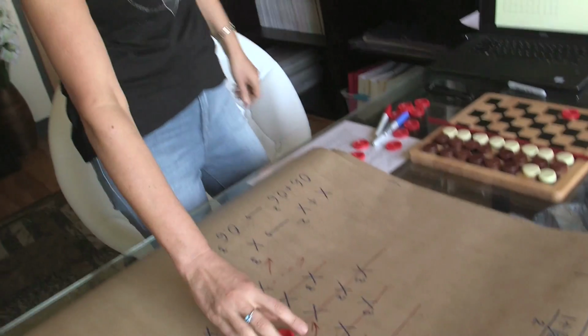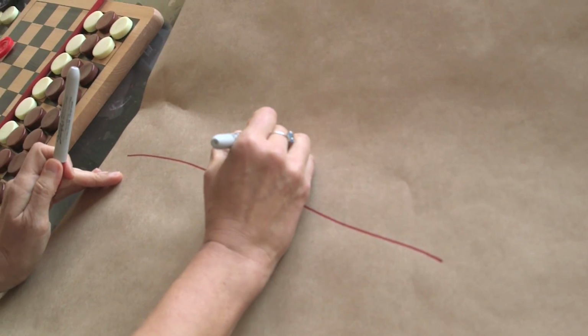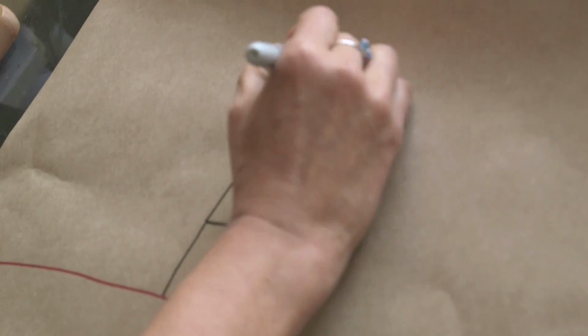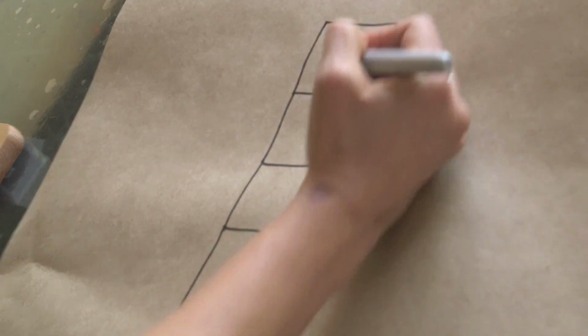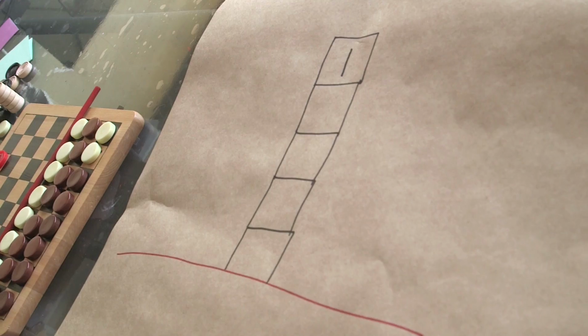We need another sheet. All right. Okay, so here is the line, and we have how many cells up? We have 5. And here is our 1. This is the cell that Brady said he can reach.